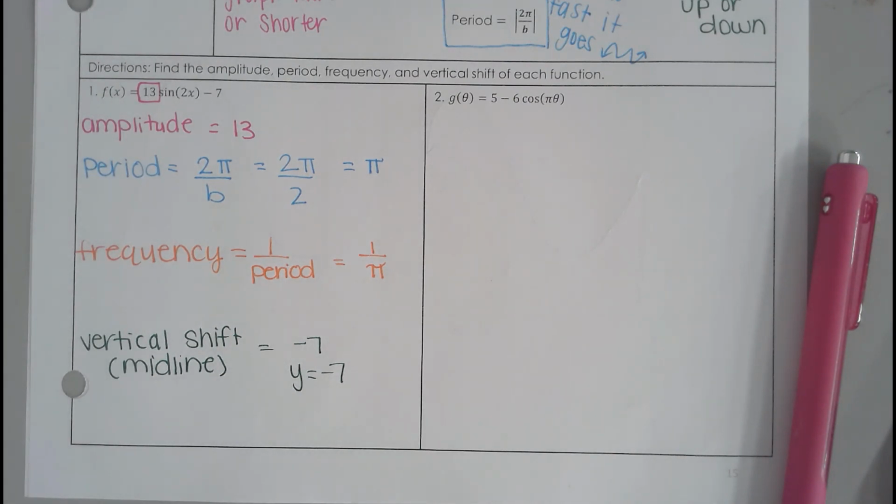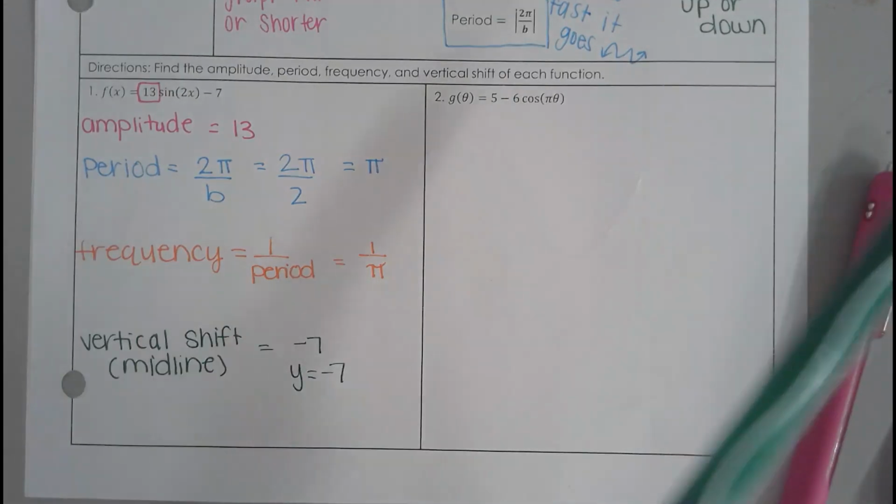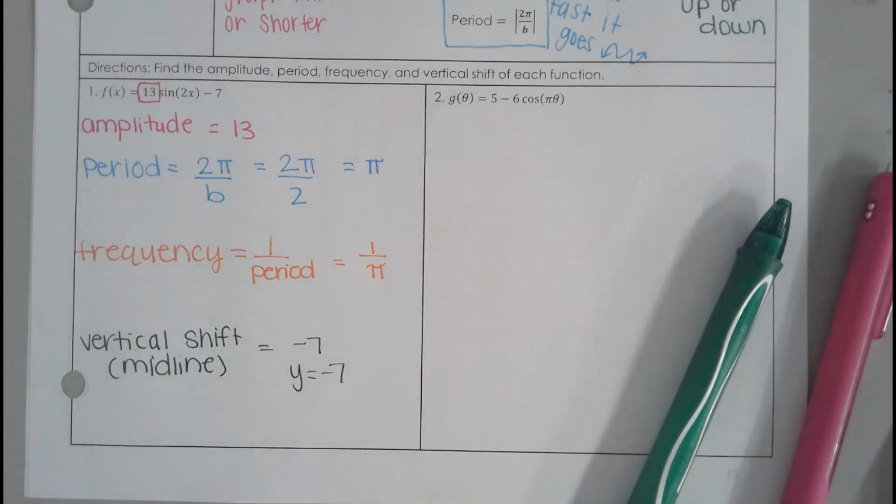So we took our normal graph, stretched it this way, stretched it this way, and moved it down 7. It's a little harder to graph those.